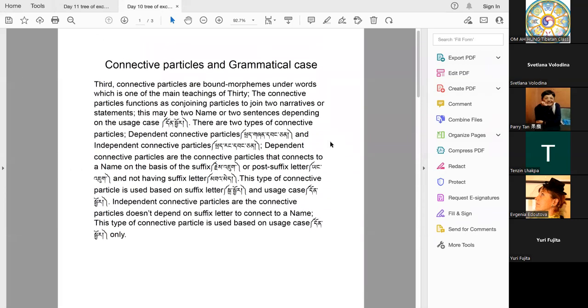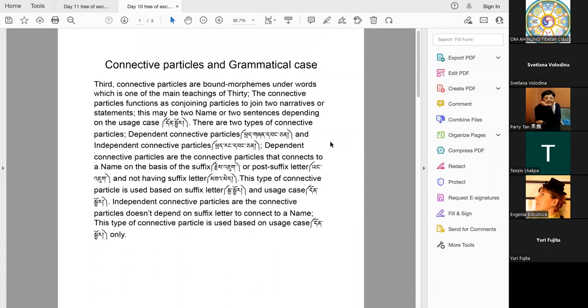Okay, connective particle are bound morpheme word under the words. It's a type of word which is one of the main teachings of the 30 and are functioning as a conjoining particle between 2 narrations, and these narrations may be name or sentences depending on the usage case.